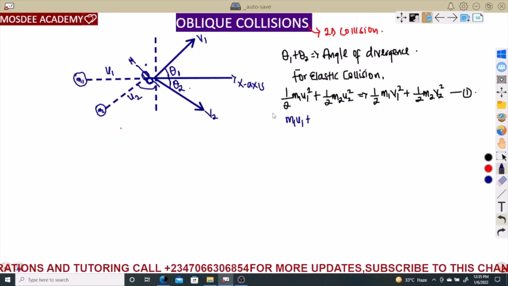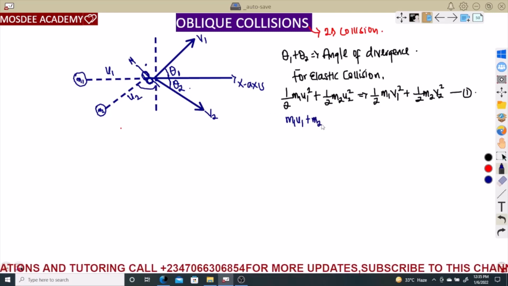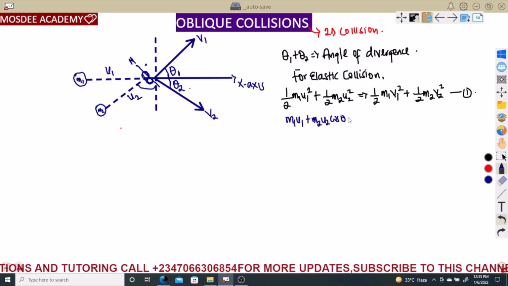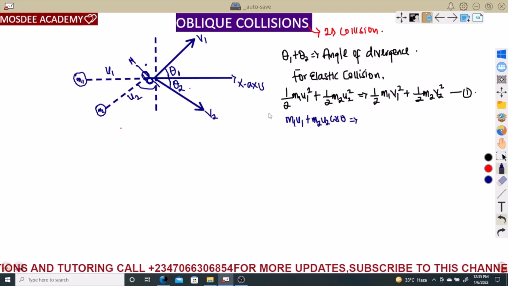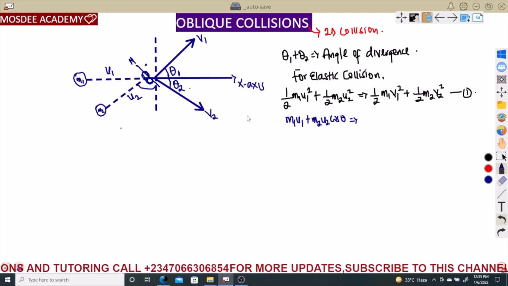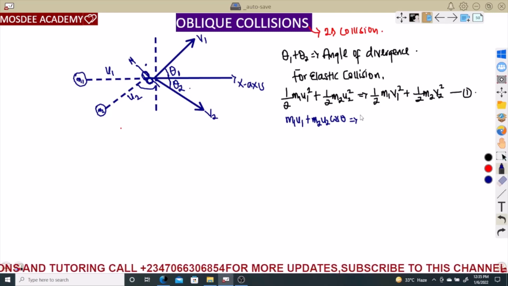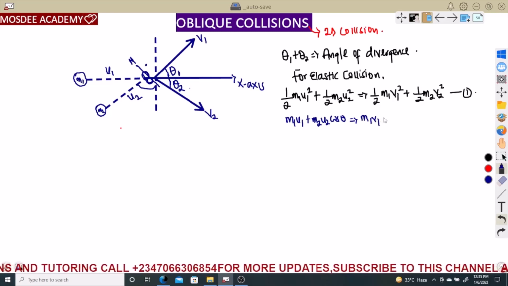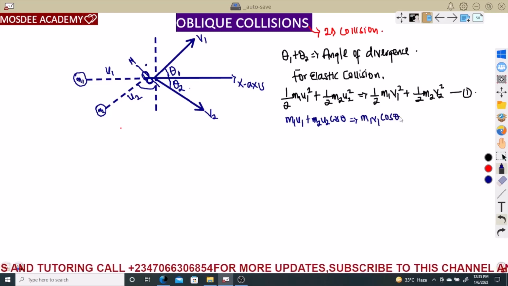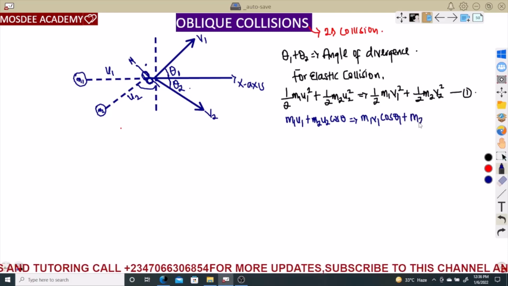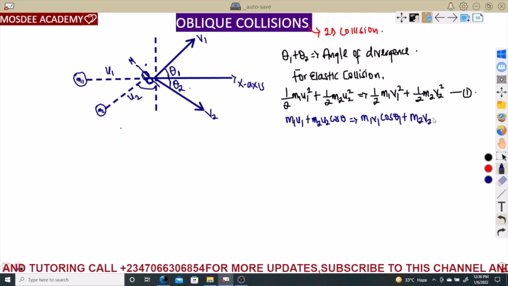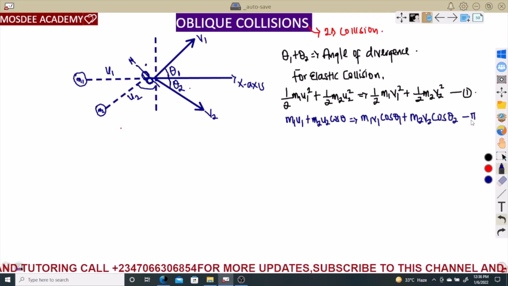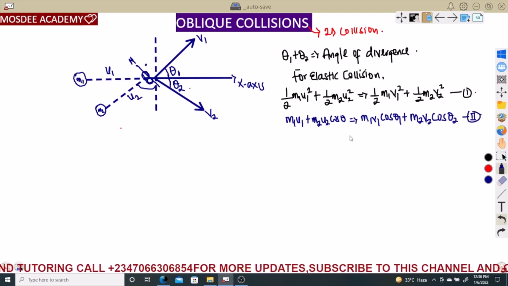So you have M2 U2 cos theta, which is now equal to, after collision, two of them now having different angles, M1 V1 cos theta 1, which is the first one, plus M2 V2 cos theta 2. So that's the second equation, which is also very important for direct solution.